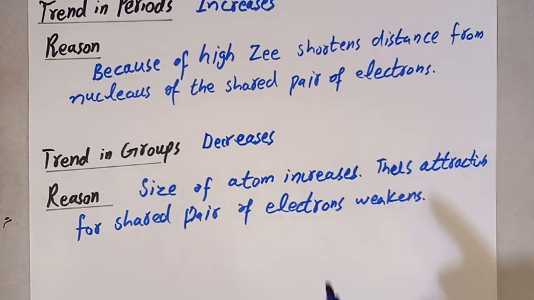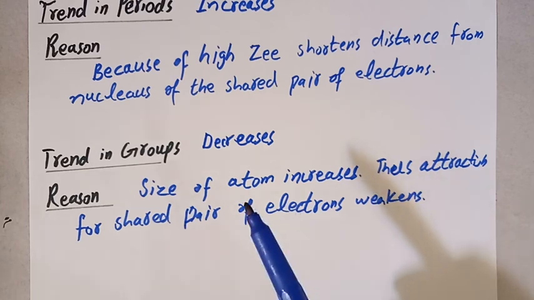So students, this was our today's topic. In this topic we have learned about electronegativity, and electronegativity is the attraction of an atom that attracts the shared pair of electrons in a molecule.